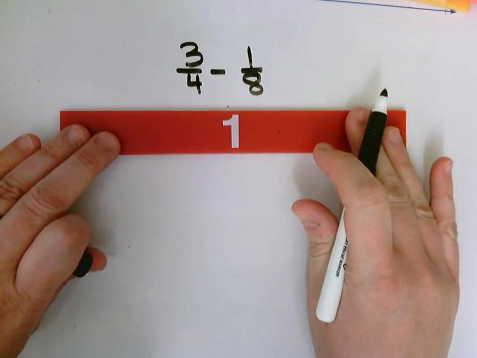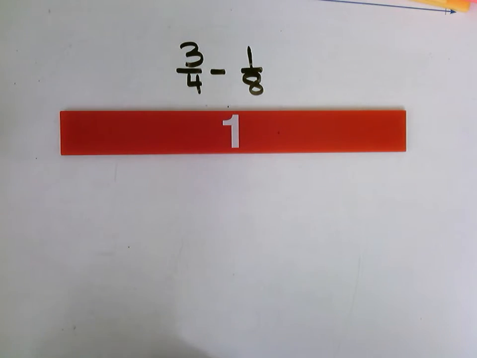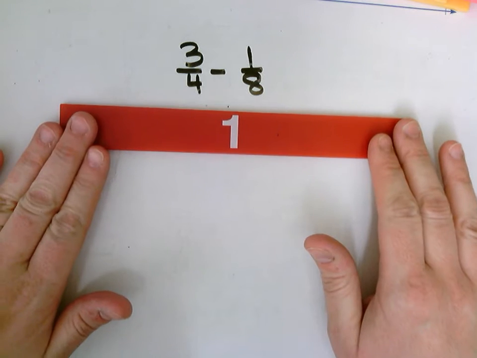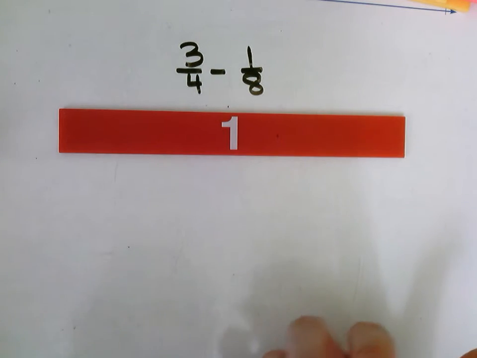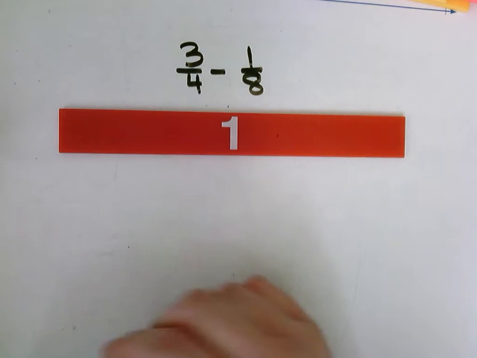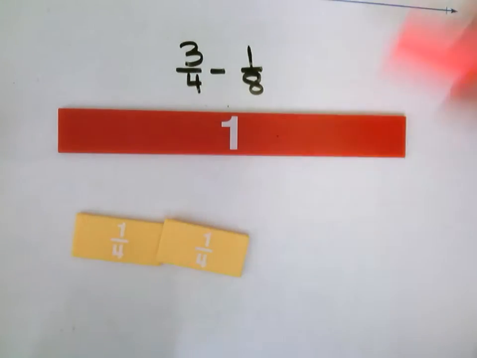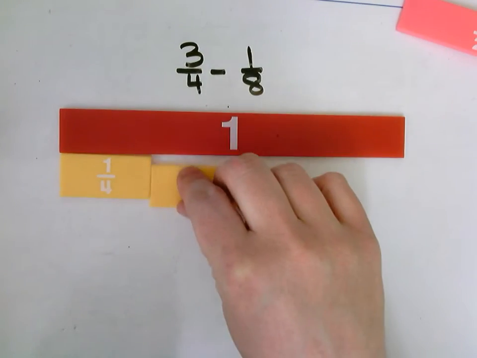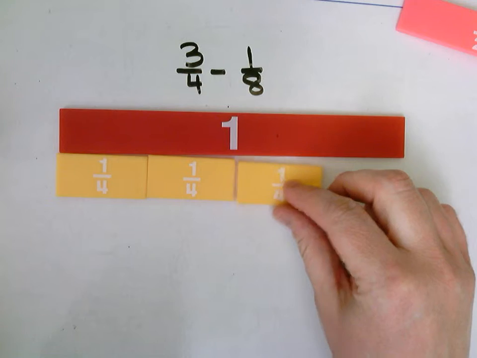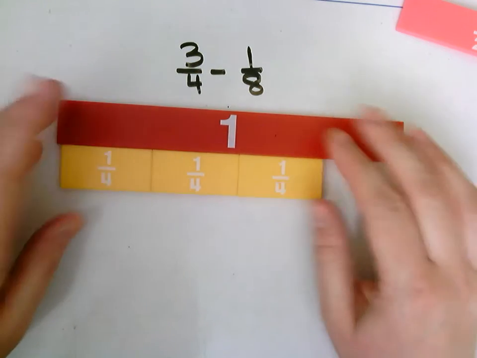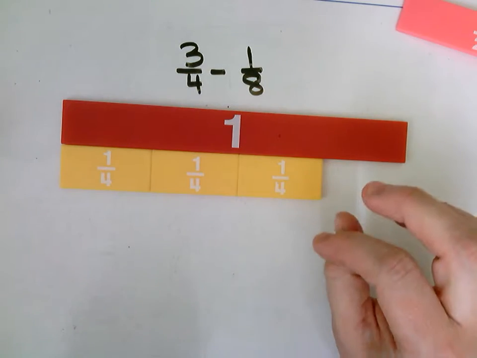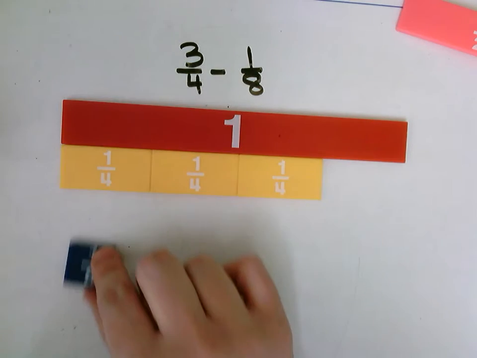We're going to model it a little differently than how we model our addition. When we're adding, we're putting the two pieces together. When we're subtracting, I know we've said this in class before, we're comparing, we're finding the difference between two numbers. First I'm going to put my 3/4 out. That's my larger number that I'm starting with, and that's how much water he put in the hummingbird feeder. And when he came back on Monday, there's only 1/8 left.